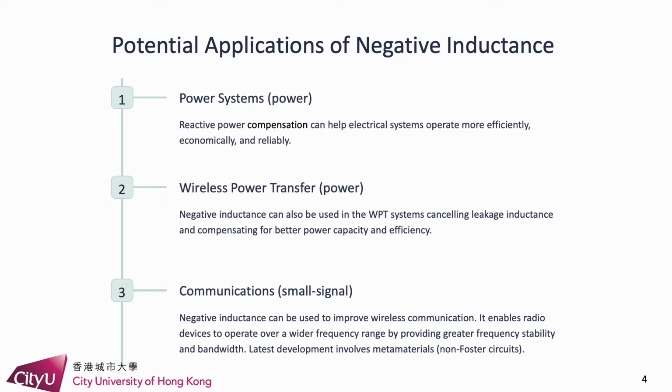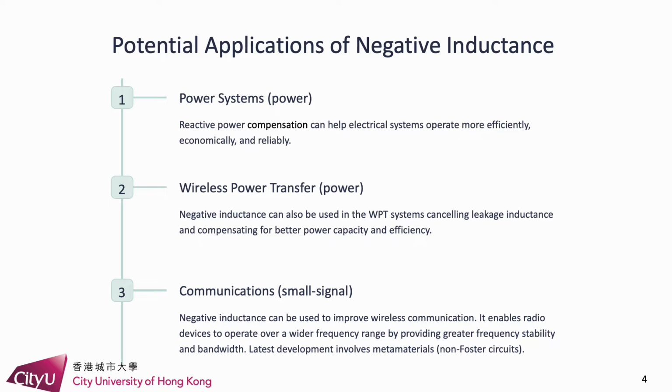Talking about potential applications of negative inductance, the first thing that comes to mind will be the power system compensation. Instead of using capacitor banks, we can employ negative inductance. For the audience of this conference, we have inductive power transfer systems utilizing compensation methods for improving power capability and efficiency, and obviously negative inductance will provide a straightforward solution for cancelling or compensating leakage inductances.